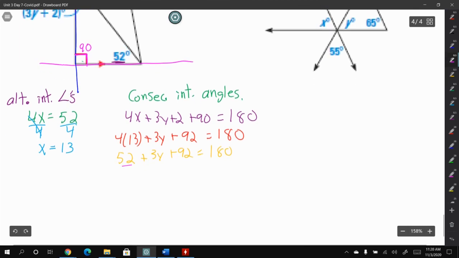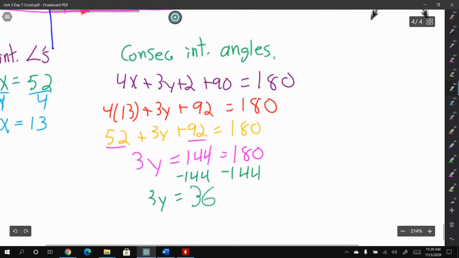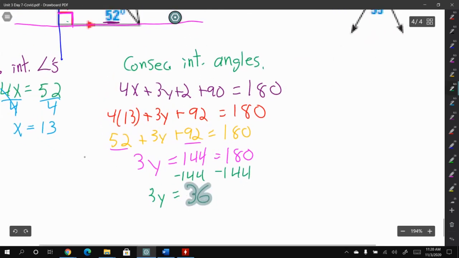We can combine our like terms, 52 and 92, to get 144, so 144 plus 3y equals 180. Subtract 144 from both sides, and we get 3y equals 36. And then when we divide everything by 3, we get y is equal to 12.